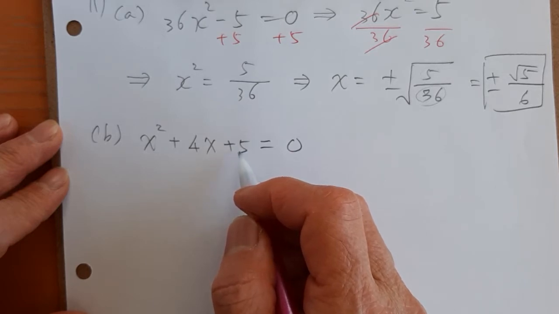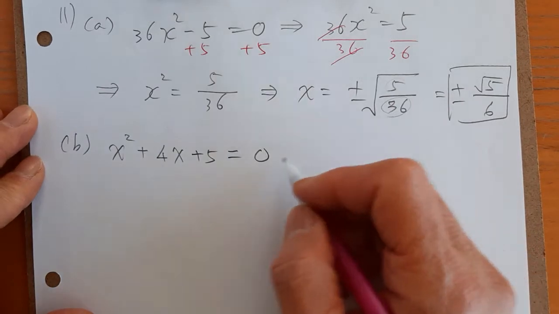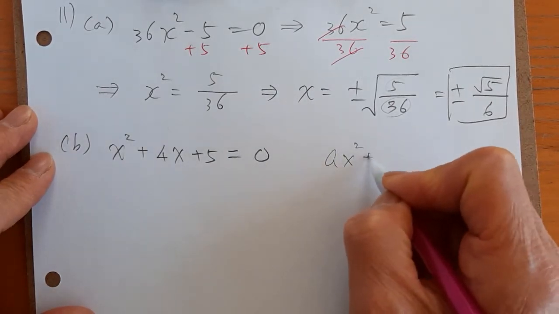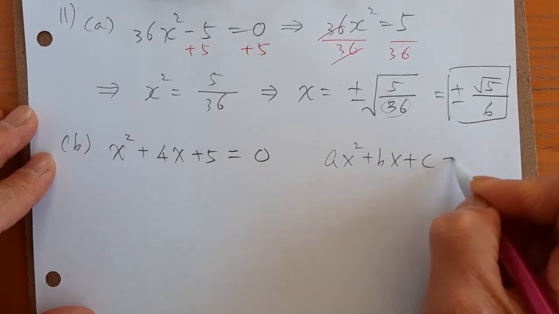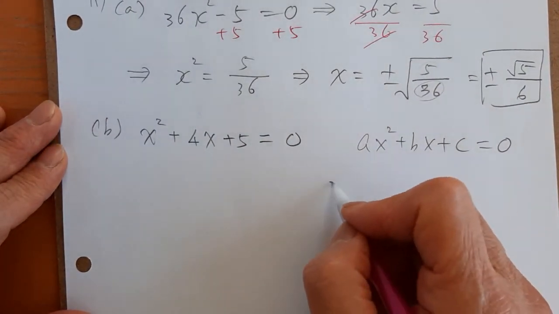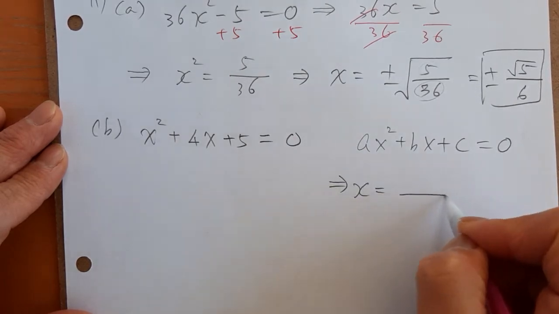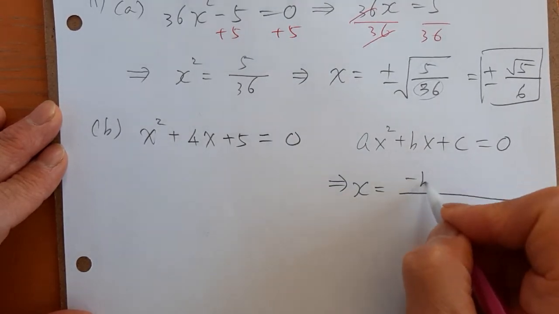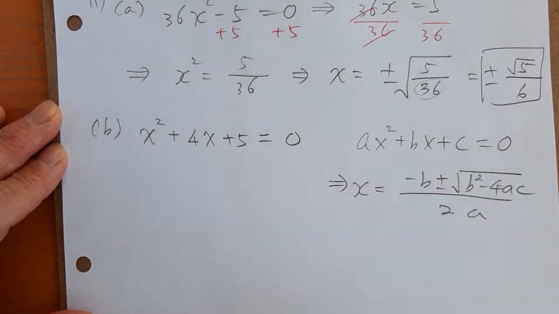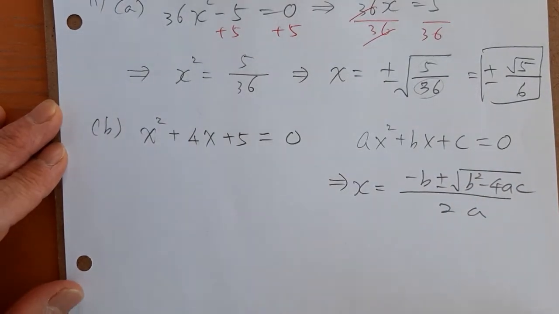The quadratic formula. The general form of the quadratic equation is ax squared plus bx plus c equals 0. Then the formula is x equals negative b plus or minus square root of b squared minus 4ac, all over 2a. Plug into this formula.